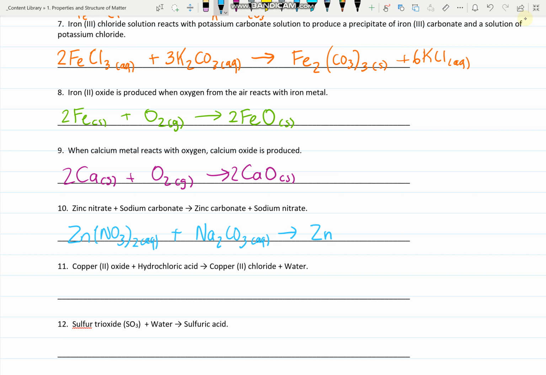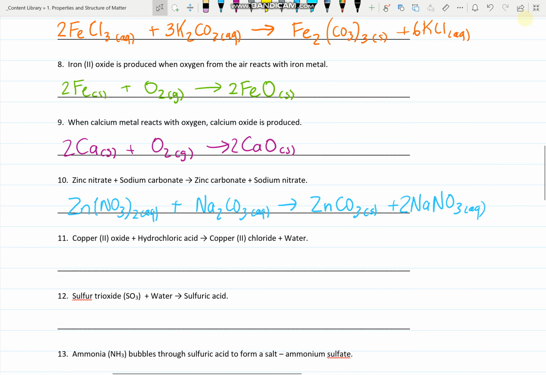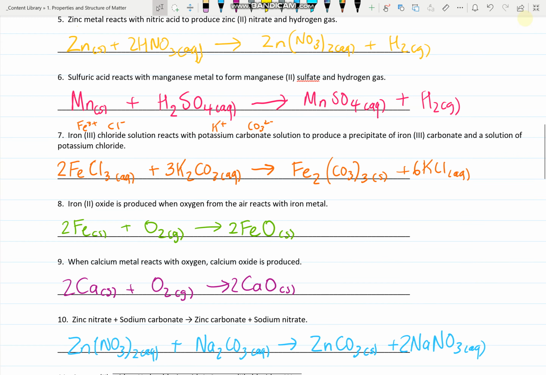And so you've got zinc carbonate solid plus sodium nitrate aqueous. And jumping straight into sodiums, 2 sodiums, boom, boom. That fixes everything. Done.